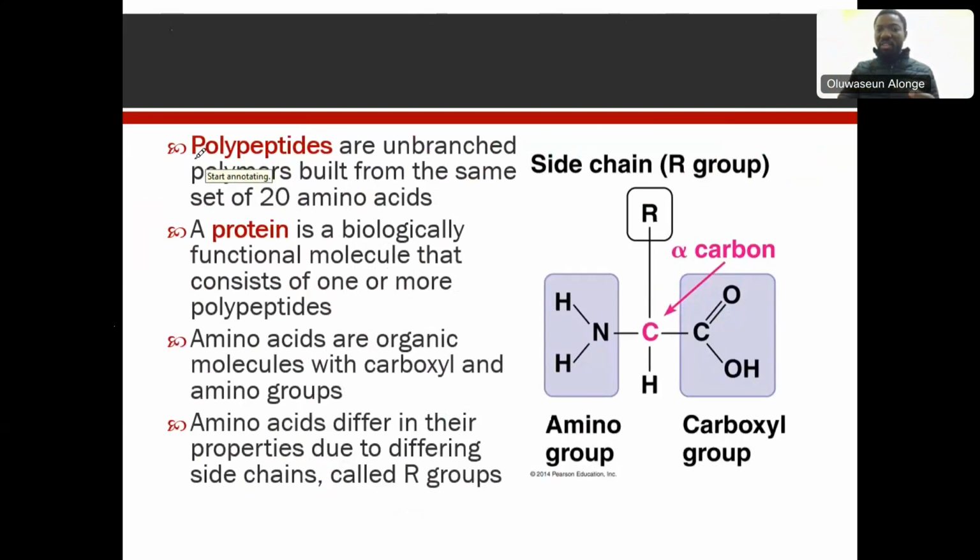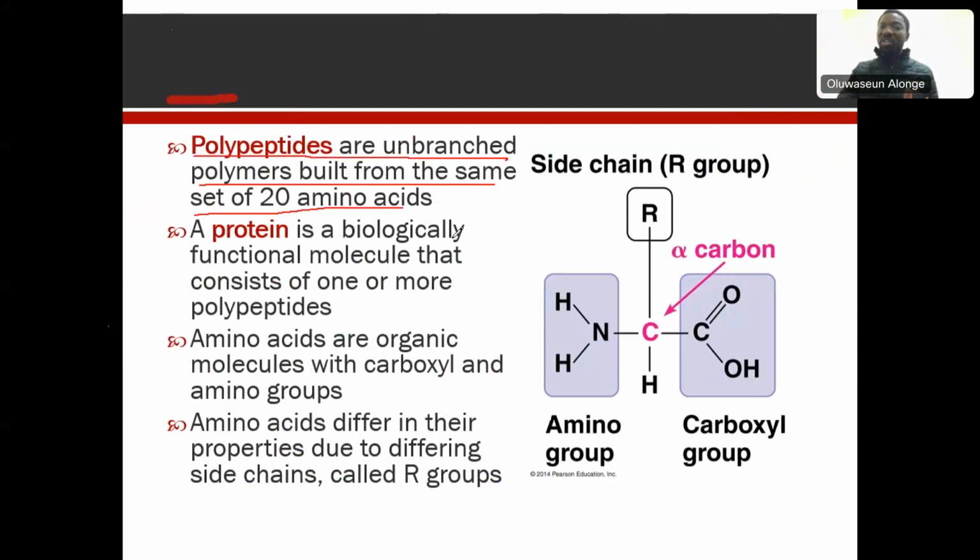When the chain continues, multiple amino acids joined together by peptide bonds form a polypeptide chain. All right. So you see polypeptide chains are unbranched polymers built from the same set of 20 amino acids.